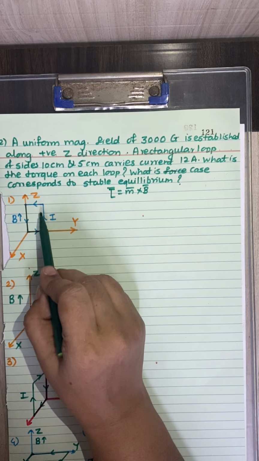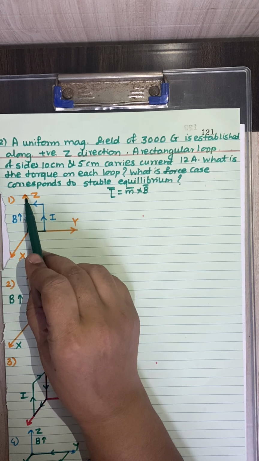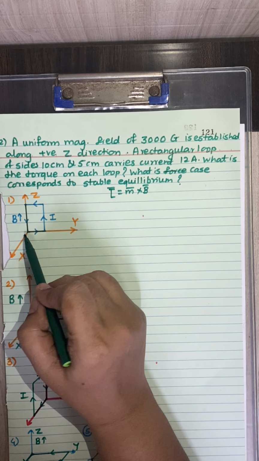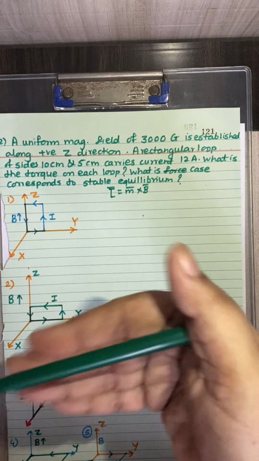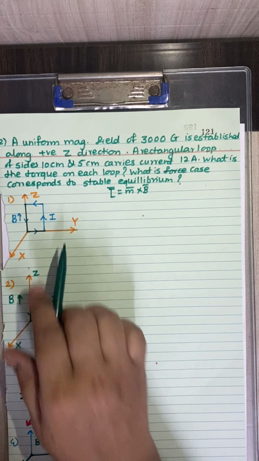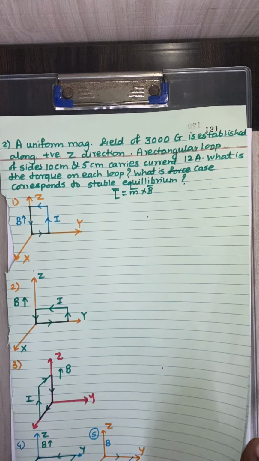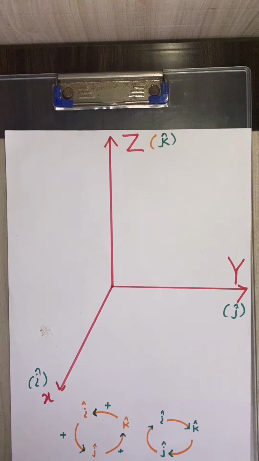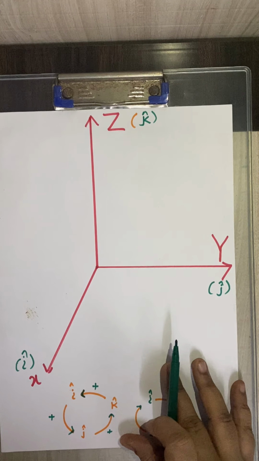You can see that the current is in the anti-clockwise manner. This is the z-axis, the y-axis, and obviously the x-axis is outward from the plane. So in the plane of the paper we have the z and y axes. So I have represented here the x, y and z axes, isn't it?